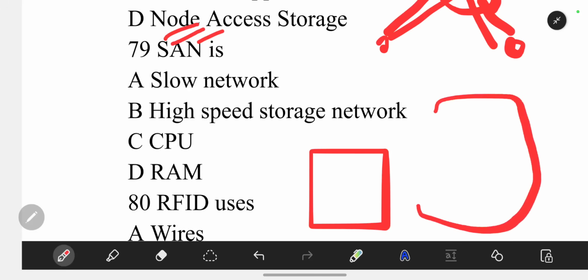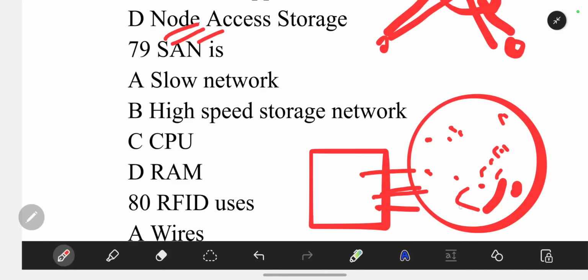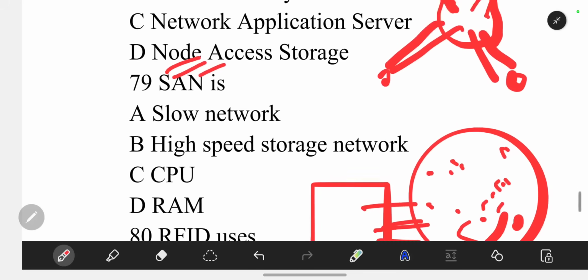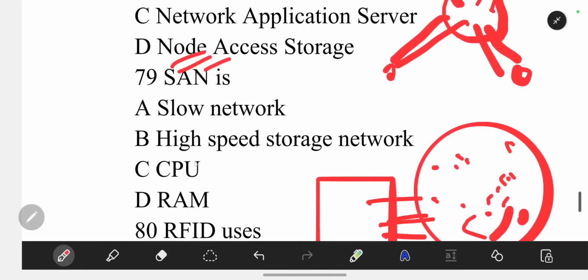So another device that holds a lot of data is connected to a server. That is how SAN works, which is the storage area network. What this does is that it provides a high-speed storage network, so you can easily access this information at a very quick rate.